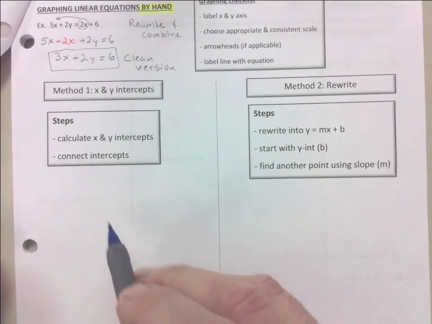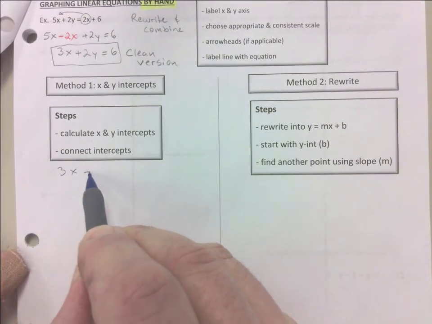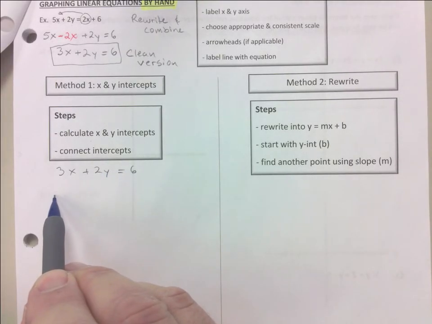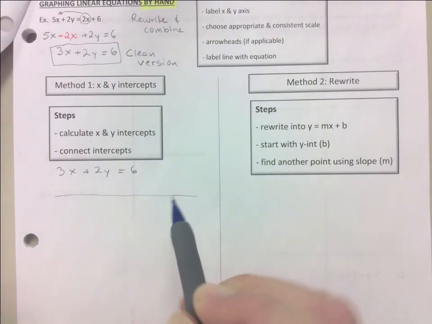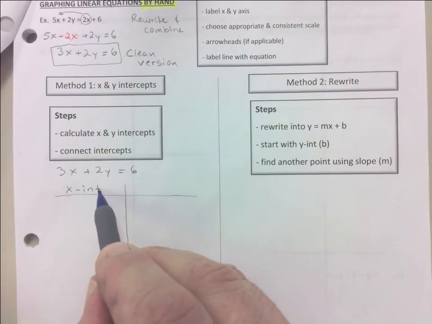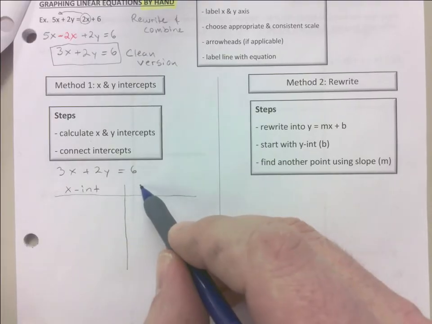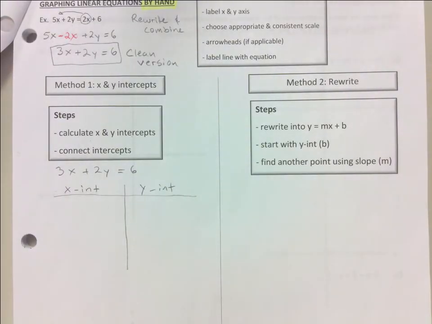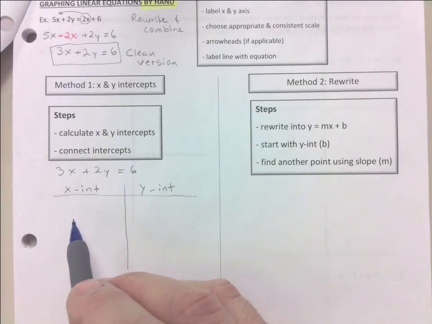The way I do that is as follows. I'll copy this down and I make a T-chart like this. I figure out my x-intercept on this side of the T-chart and the y-intercept on the right side. The only reason I do it this way is to keep everything together in a clean, concise format, because you'll see later on that there are a lot of them that you will be doing, and having it all in one place makes it easier.